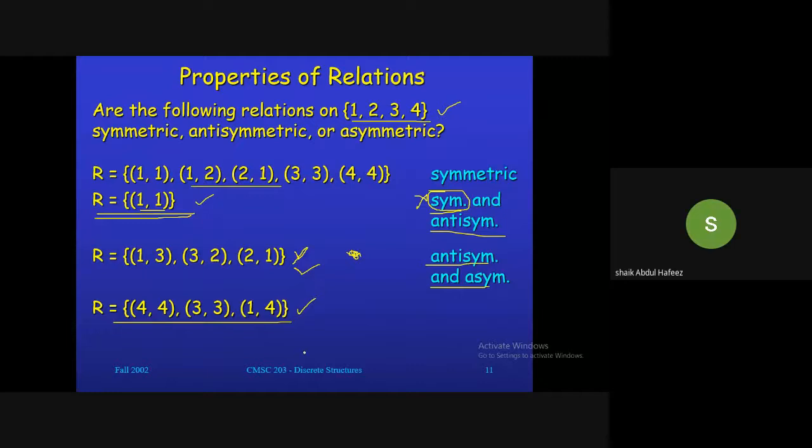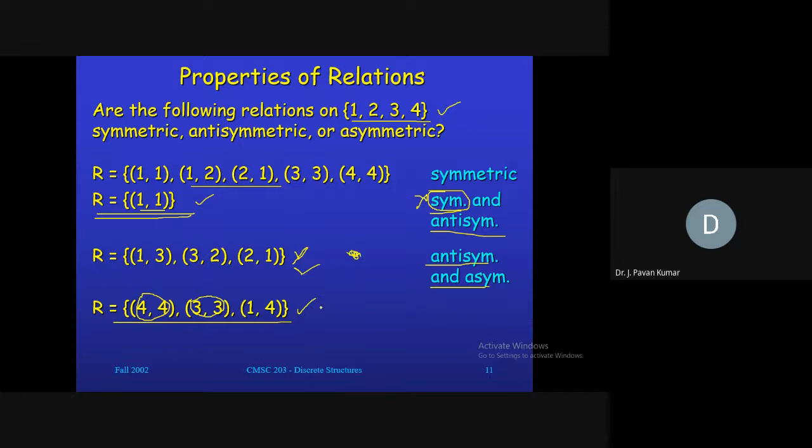Asymmetric? It is not asymmetric. Why? Because 4 comma 4 is a symmetric pair, 3 comma 3 is a symmetric pair. These also should not be part of the relation. Got my point? Asymmetric means if A comma B belongs to R, then B comma A should not belong to R. If you consider A comma B as 4 comma 4, then B comma A is also 4 comma 4, which belongs to R. So we cannot consider this as asymmetric.